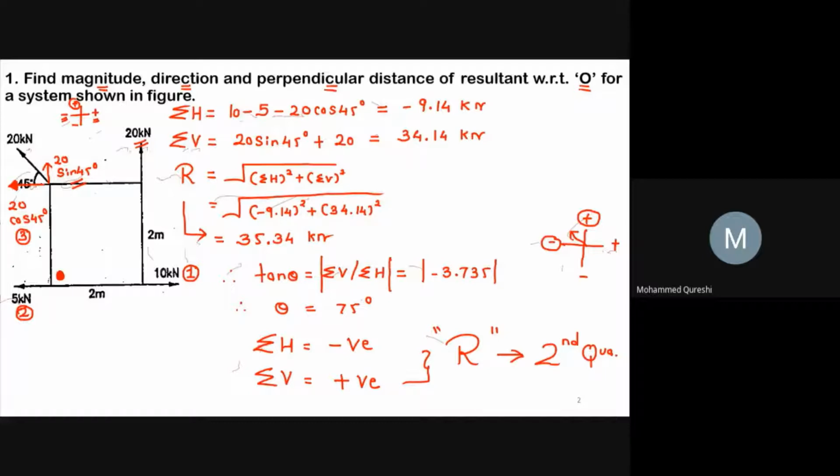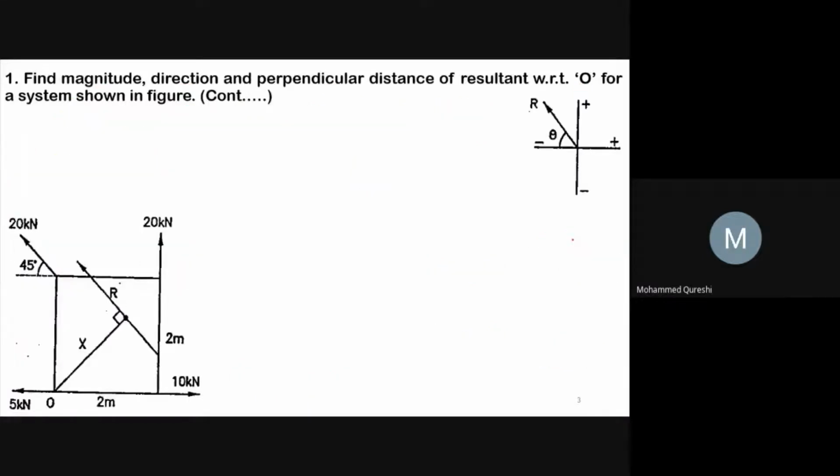Now we have to go for the perpendicular distance. To find the position of the resultant with respect to O, we first have to consider some value.